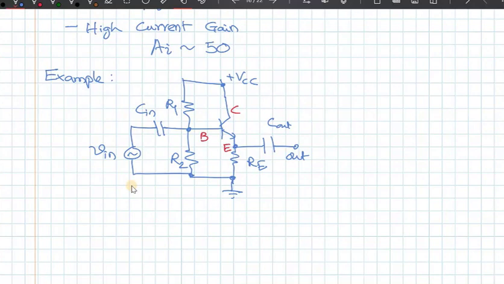Now let me ask you a question. In this case, input is given at the base, right here, and my output is taken from my emitter. Now you know, for a BJT, this base-emitter voltage VBE, both AC and DC, is in the range of 0.7 volts DC plus a very small change in voltage as the input changes.